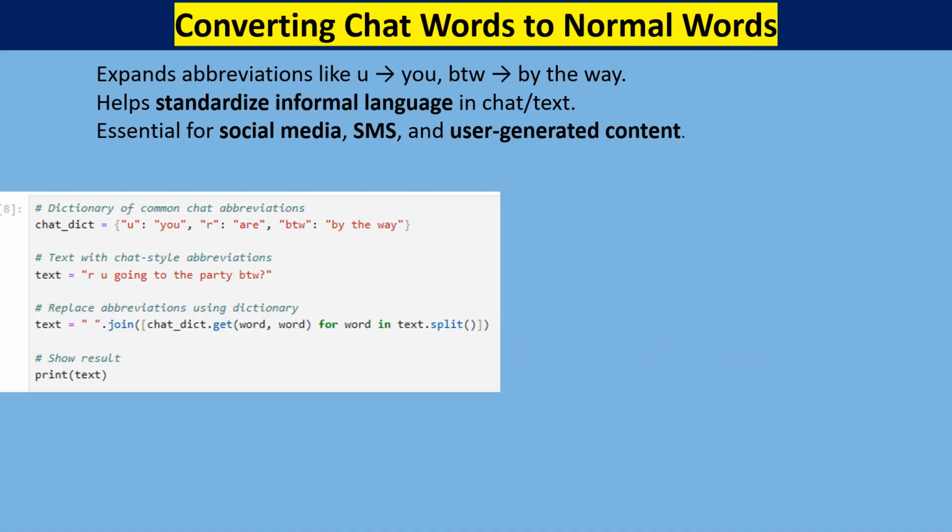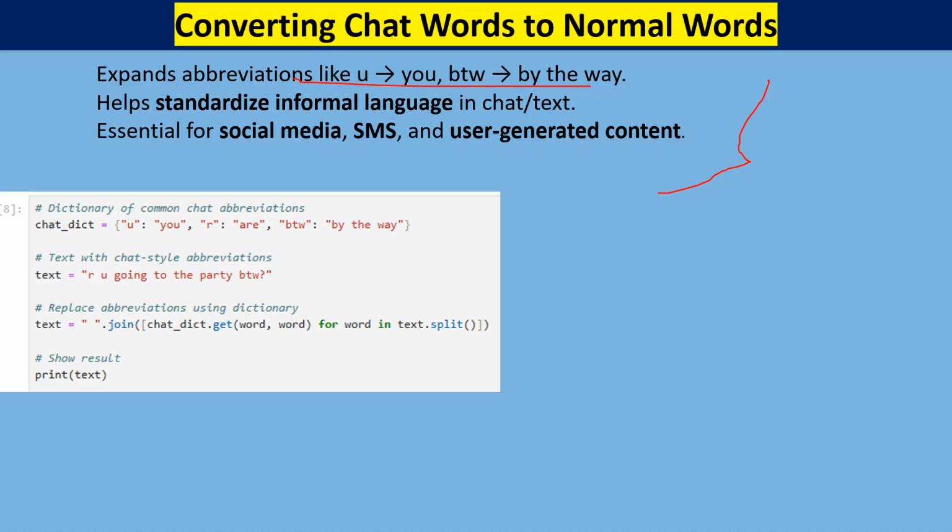Converting chat words to normal words. In casual communication, users often abbreviate words to save time, especially in texts, tweets, WhatsApp, etc. A custom dictionary mapping is used to translate chat abbreviations into formal English.